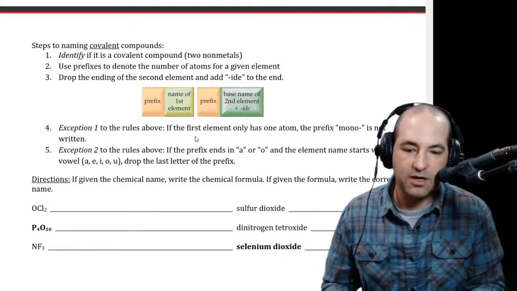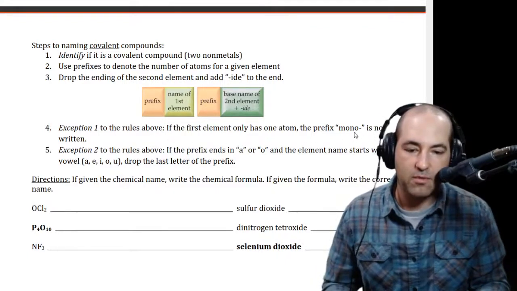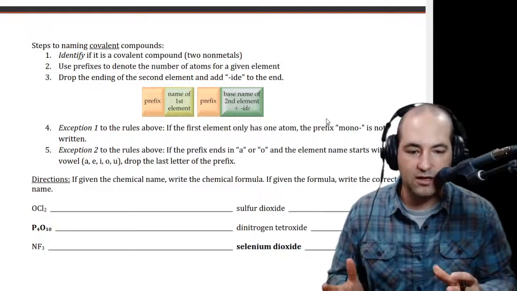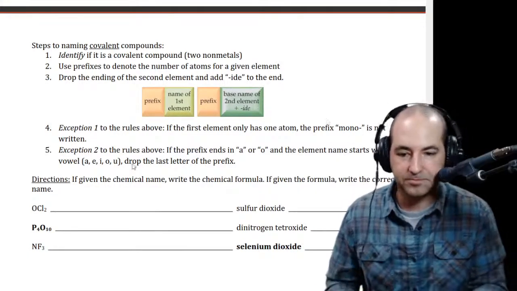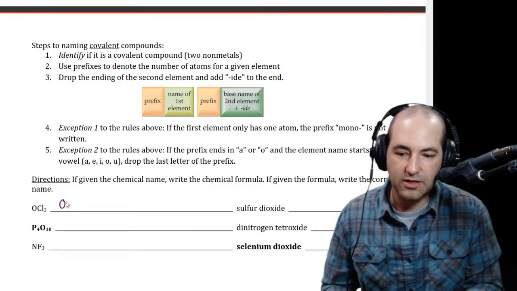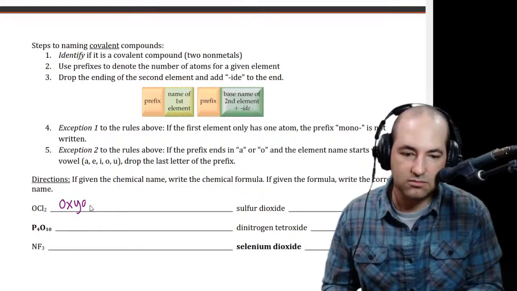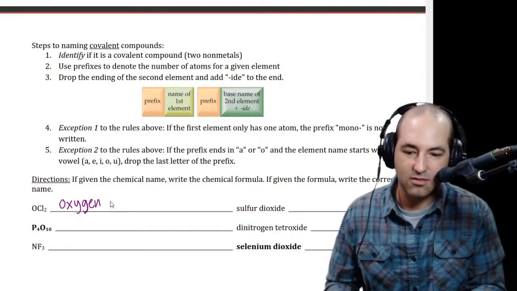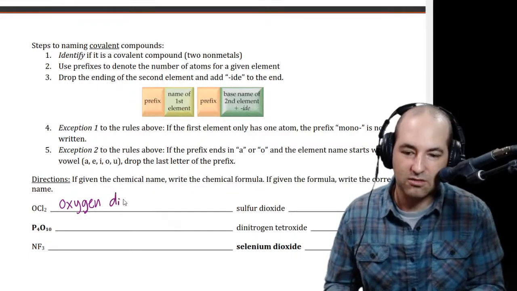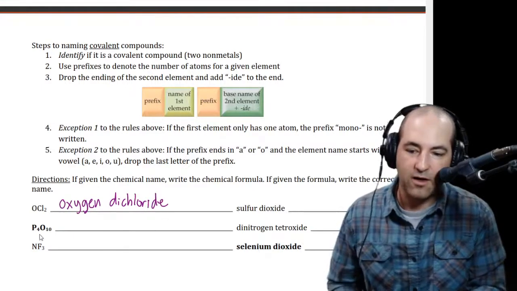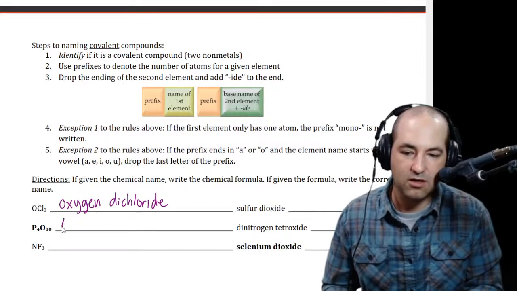If the first element has only one atom, we drop mono. Otherwise, there would be way too many compounds that all start with mono. So we would just call this oxygen dichloride.